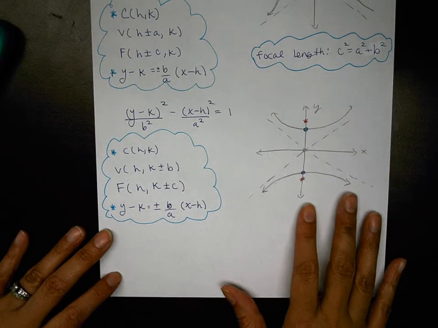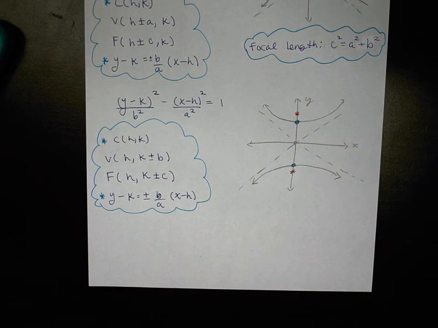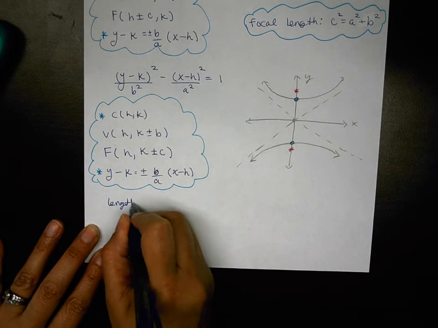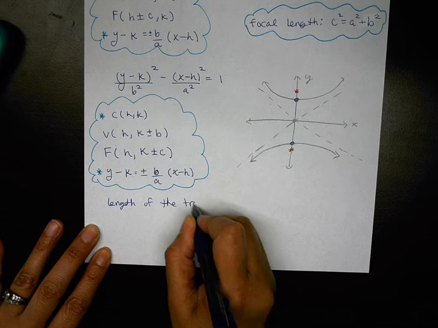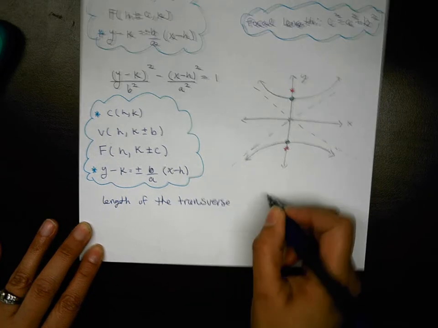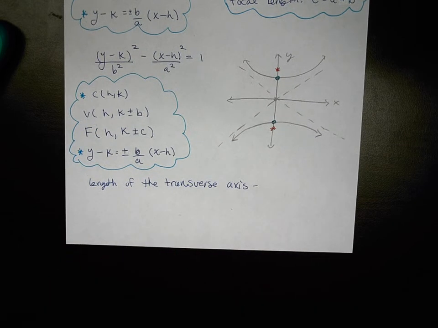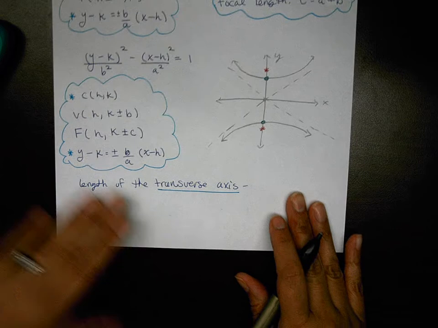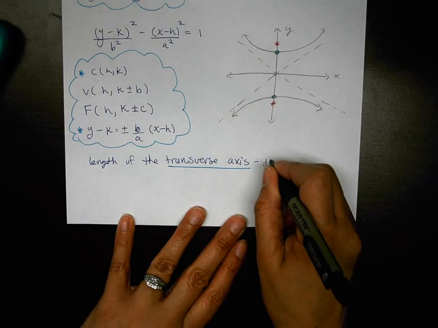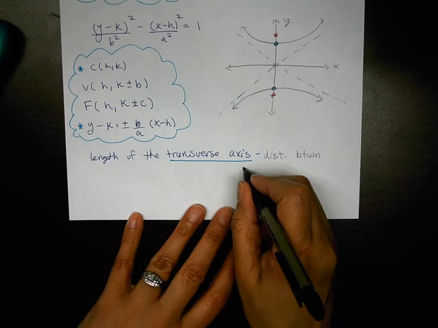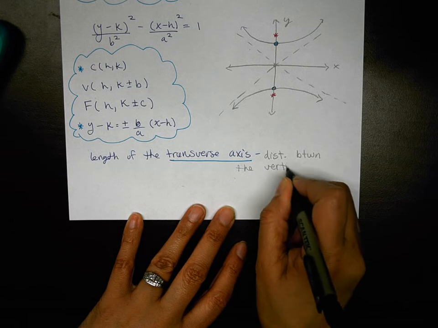All right. Last piece we're going to talk about before we do examples is the transverse and conjugate axis that I mentioned earlier. Okay. The length of the transverse axis is the distance between the vertices.